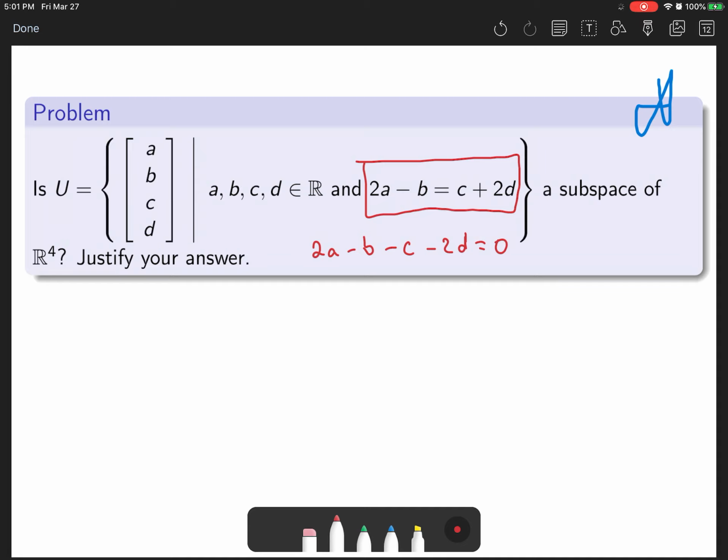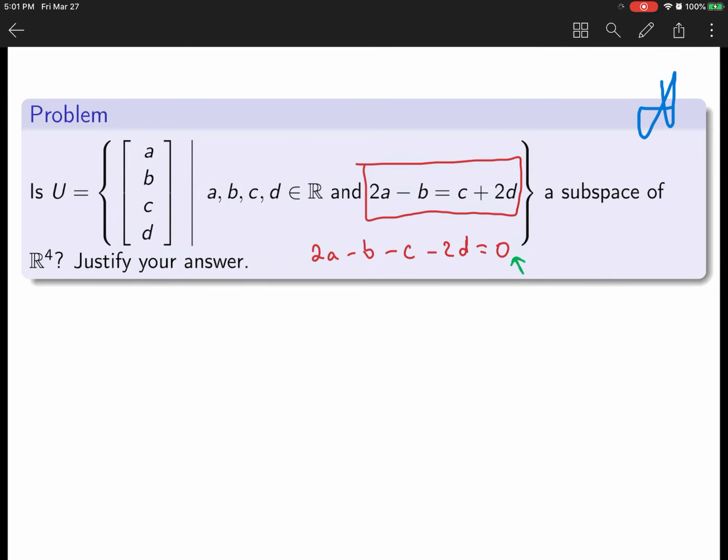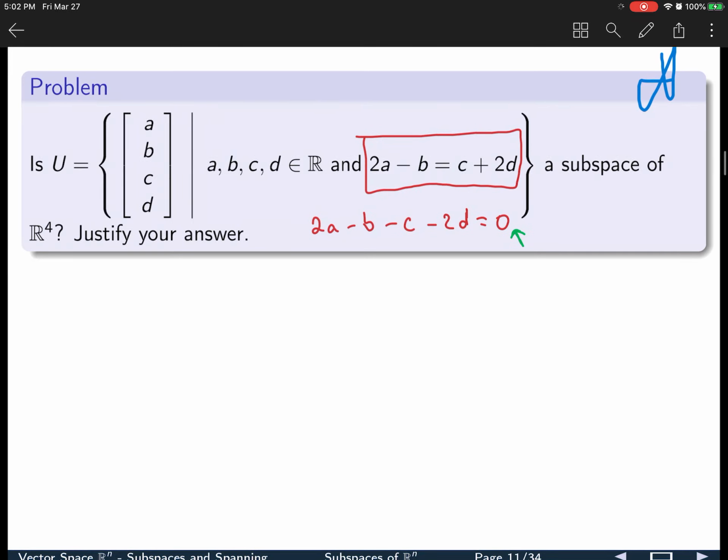This one just happens to be a 3-dimensional hyperplane in a 4-dimensional space. And since the right-hand side has this 0, I know that this hyperplane will go through the origin. So I'm pretty confident that this will be a subspace, but let's take a look at all the little steps along the way.